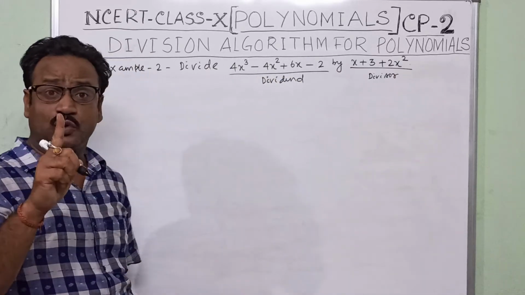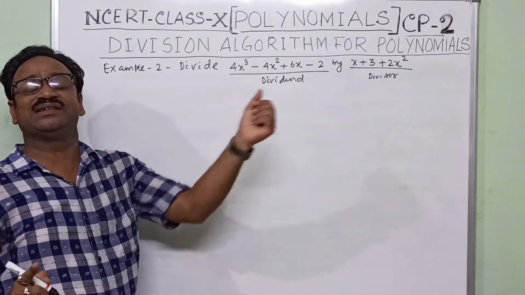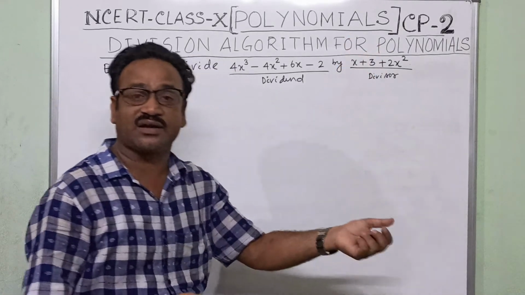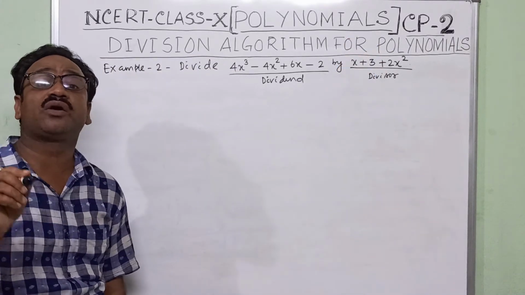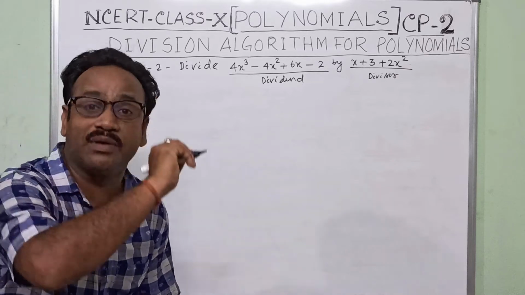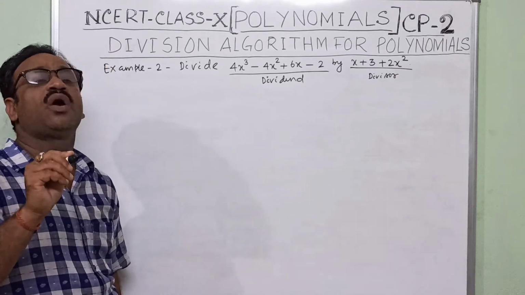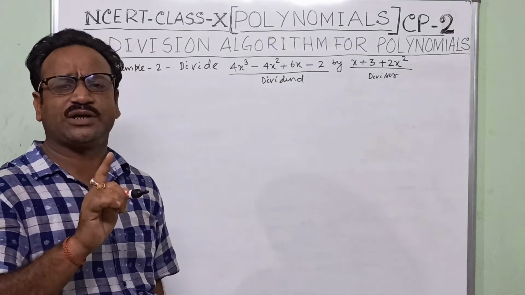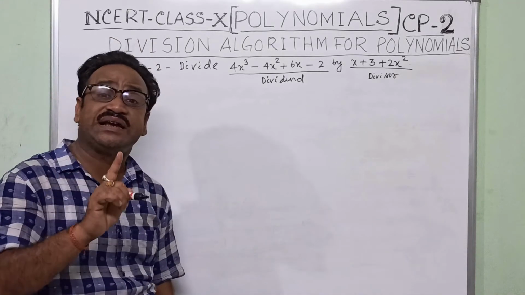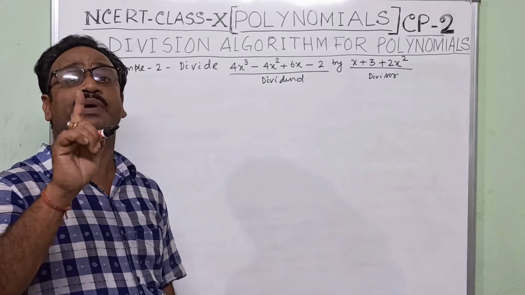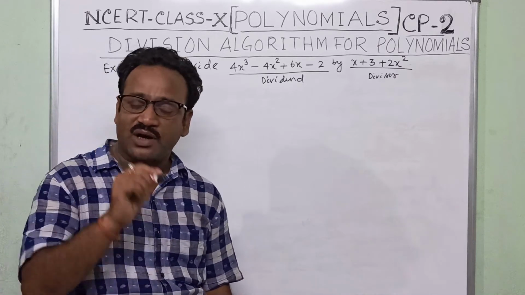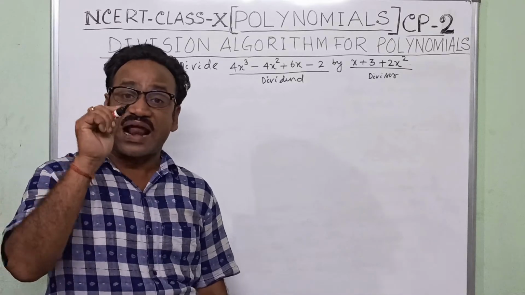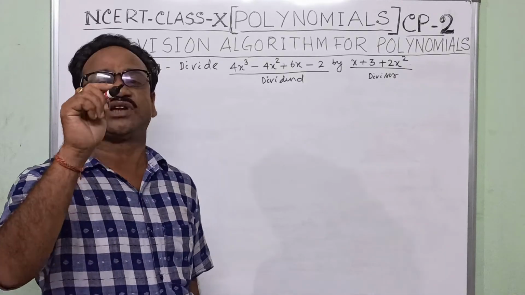Already I have told you we have to arrange the dividend as well as the divisor in descending power of the degree of variable. You may also arrange in ascending power, but it is better to write in descending power, because this is the standard form.